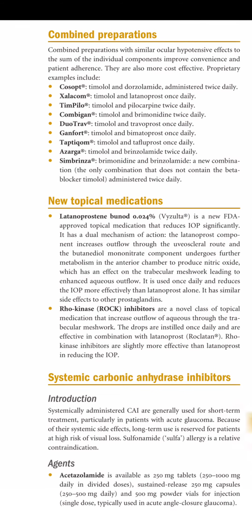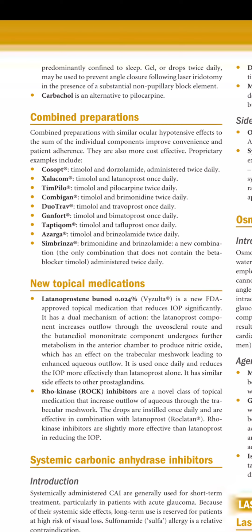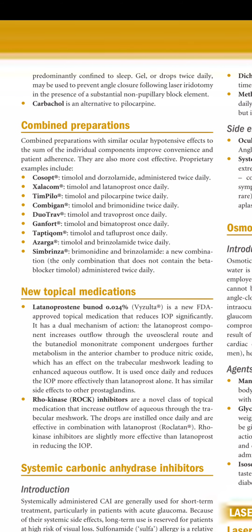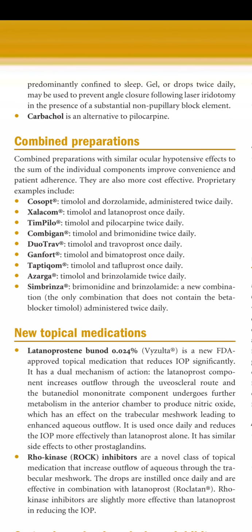So these are some of the combined preparations, meaning that different groups have been prepared in a single eye drop and are given to increase the efficacy of the drops. Combined preparations with a similar ocular hypotensive effect to the sum of individual components improve convenience and patient adherence. They are also more cost effective.